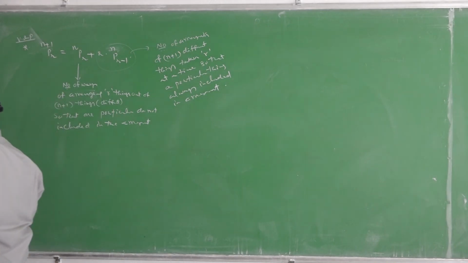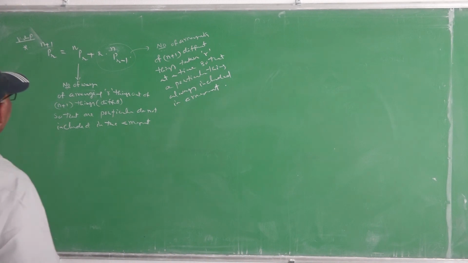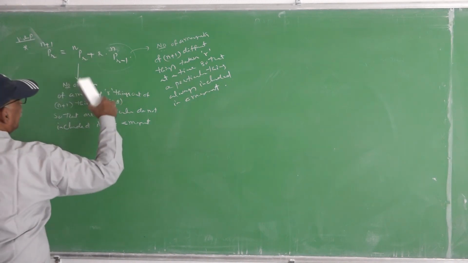So, n plus 1 P r is nothing but the sum of the arrangements in which a particular thing is included and a particular thing is not included. That gives us the total number of arrangements of n plus 1 different things taken r at a time. This is one important relation between n plus 1 P r, n P r and n P r minus 1.